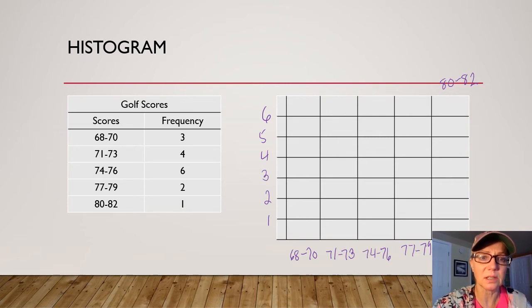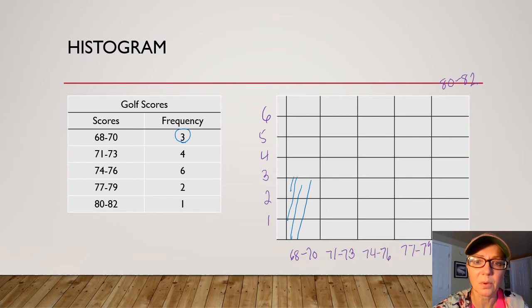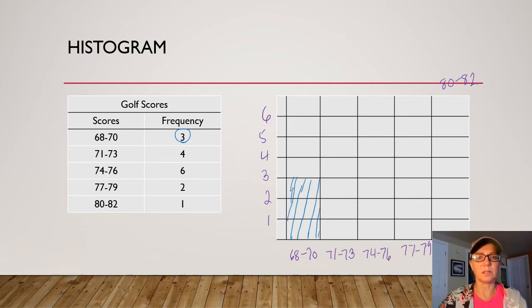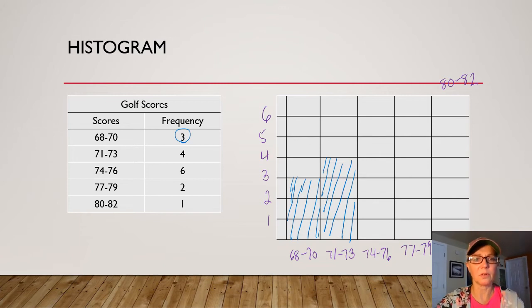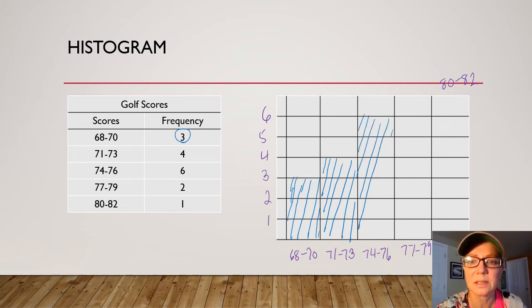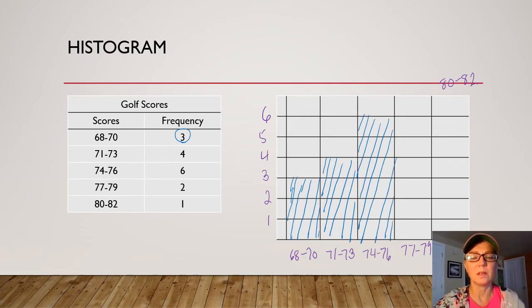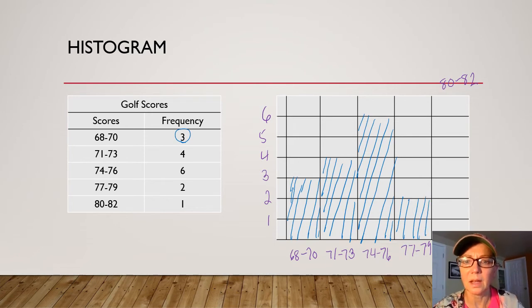So 68 to 70, there are 3, so I just simply color in that bar all the way up to the 3. 71 to 73 needs to be colored in all the way up to the 4. 74 to 76 needs to go all the way up to the 6. 77 to 79 is 2 high, and 80 to 82 is just 1 high, and that's a histogram.